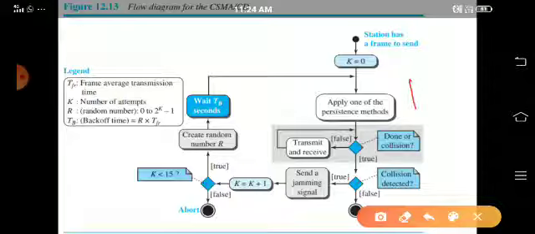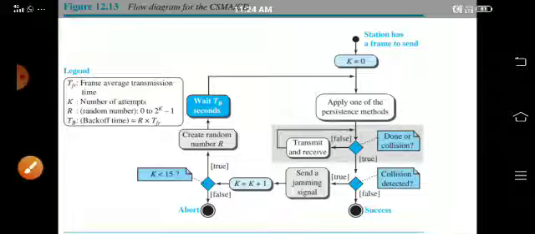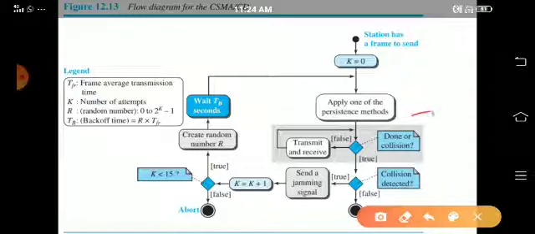The first difference is that you can apply persistence methods, the p-persistent method and the non-persistent method you have seen earlier. We can sense the channel before sending a frame. The second difference is that you don't send the complete frame; you send the frame bit by bit.